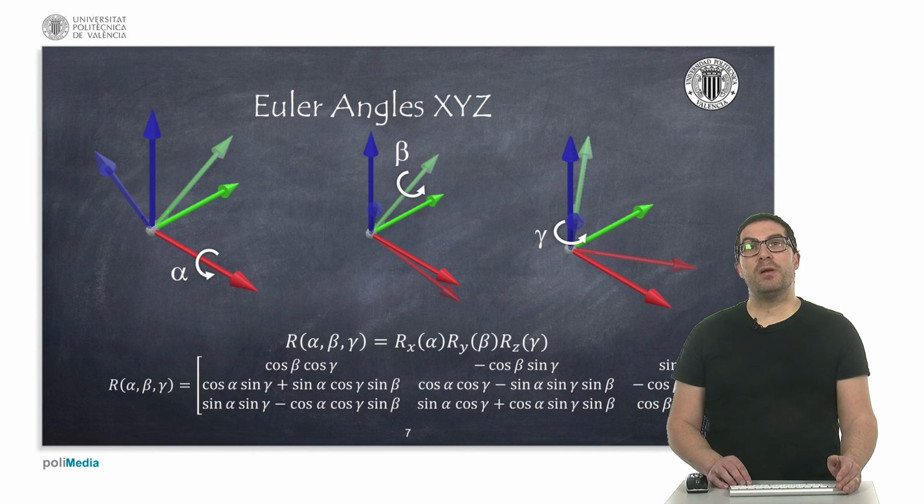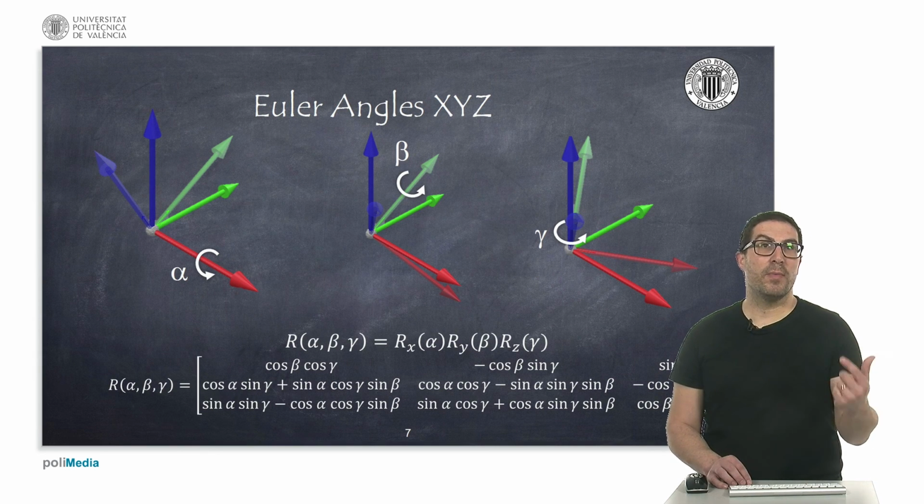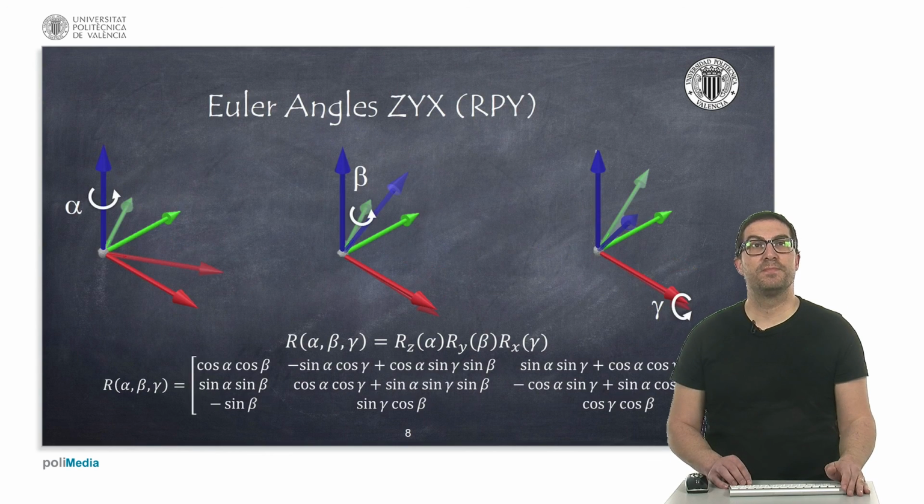In this other example, rotations are around three different axes, that is, around X, Y, and Z. This is in fact the representation that we will use in the Sim robot simulation software that is discussed in other video tutorials. And this is the analytic expression to convert the three angular coordinates into a rotation matrix.